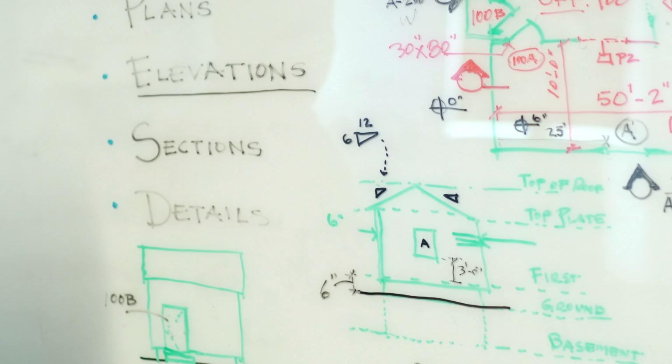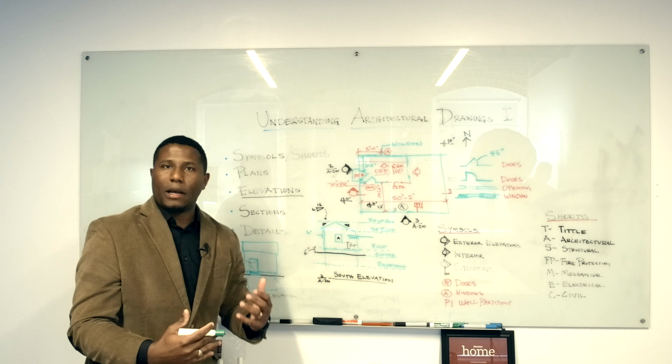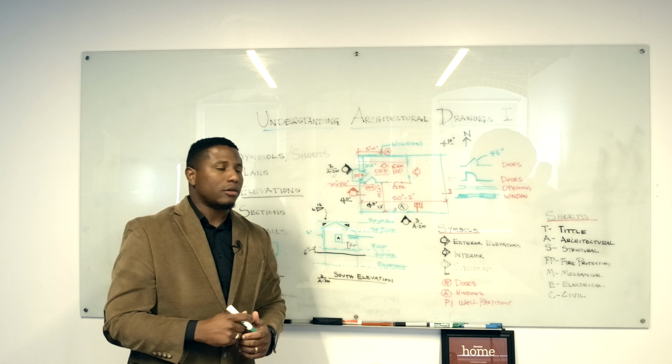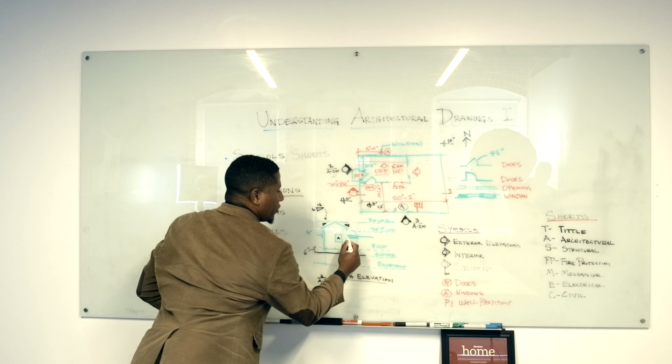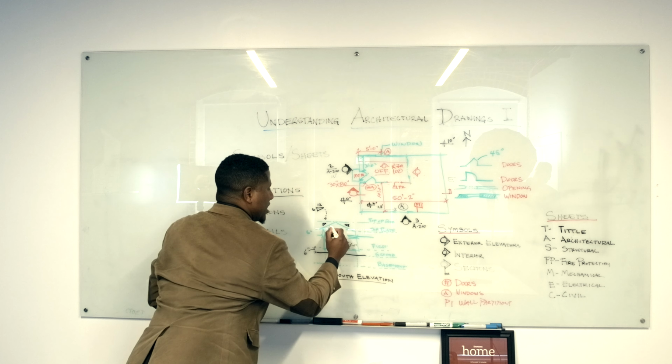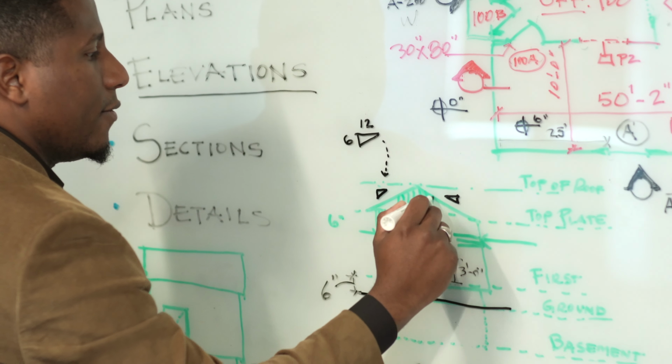You can talk a little bit about the roof materials. Maybe you have horizontal siding here, but then in this part of the gable, you have vertical.